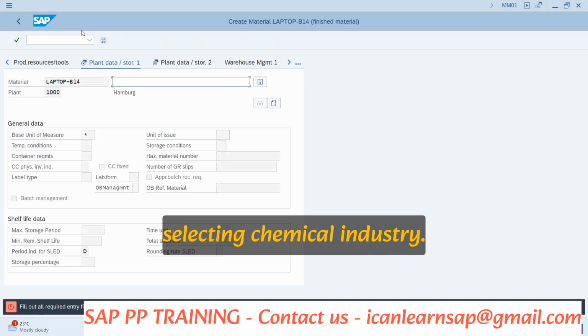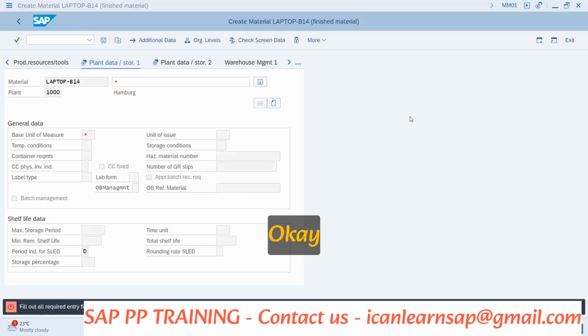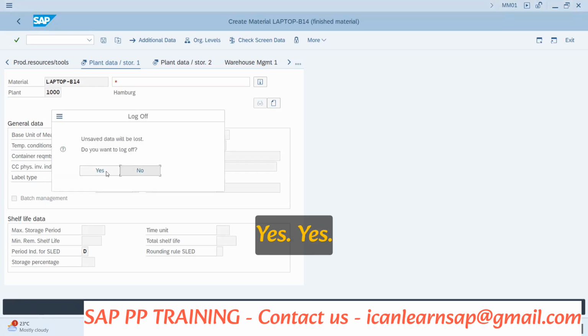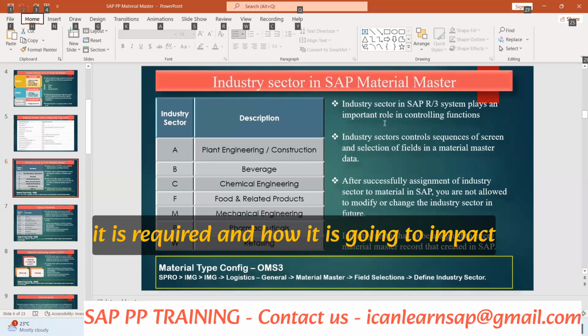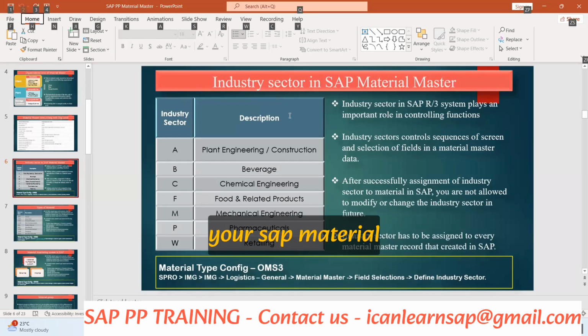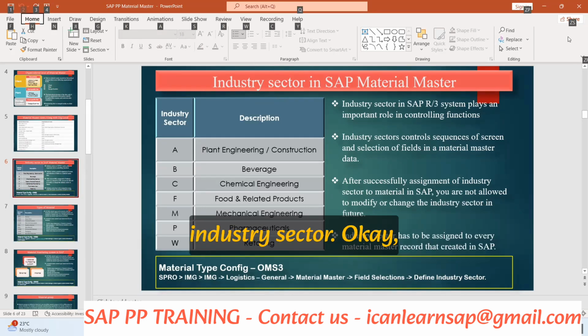We are selecting chemical industry product. Clear? Yes. So this is all about the industry sector, why it is required and how it is going to impact your SAP Material Master views and the fields inside them because of the industry sector.